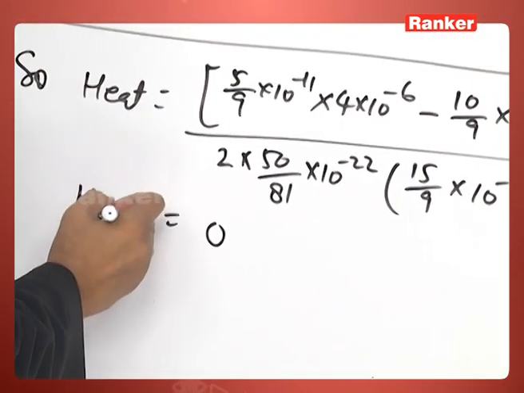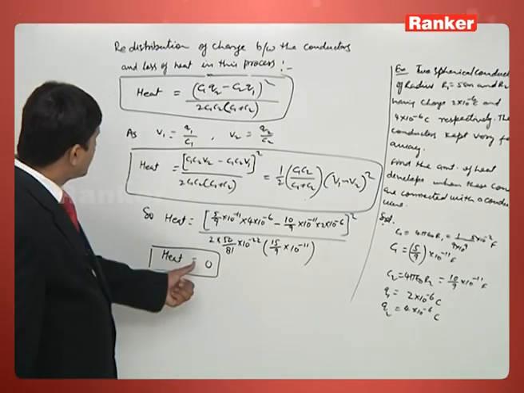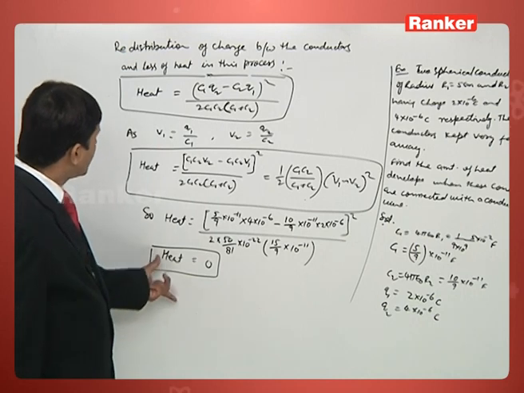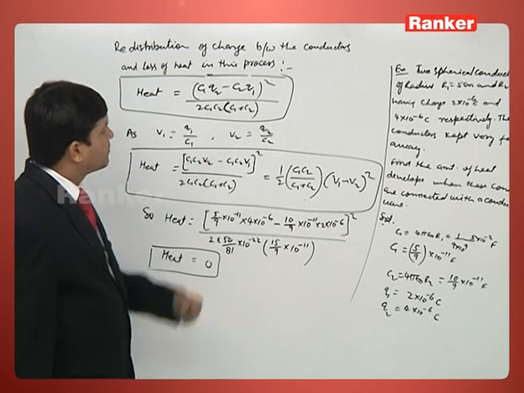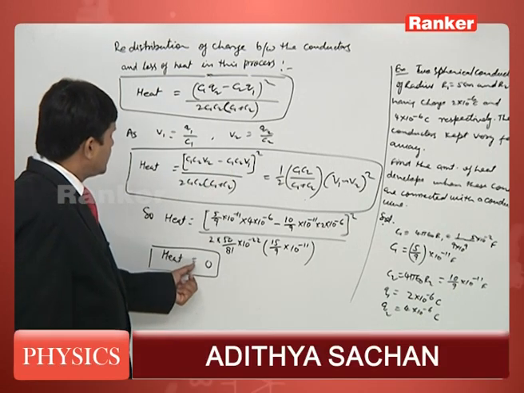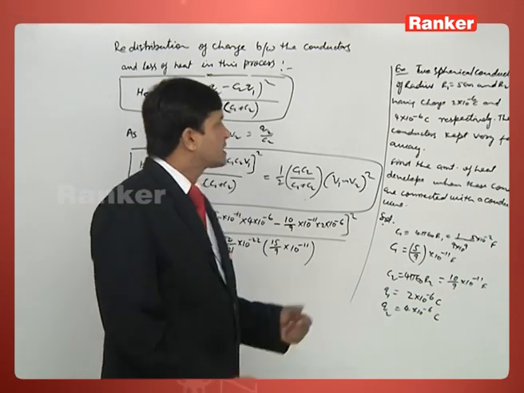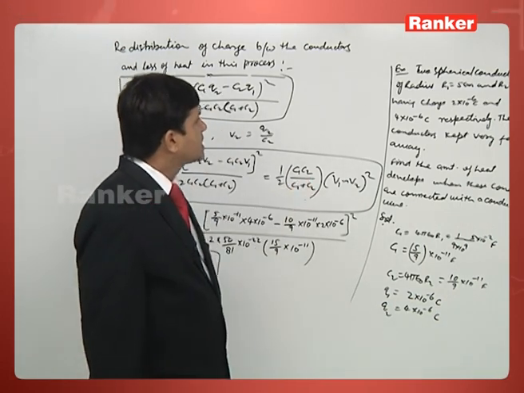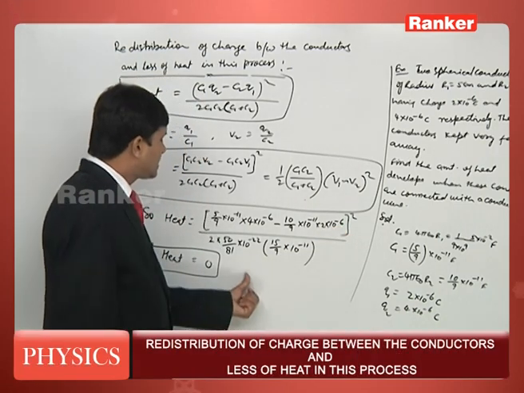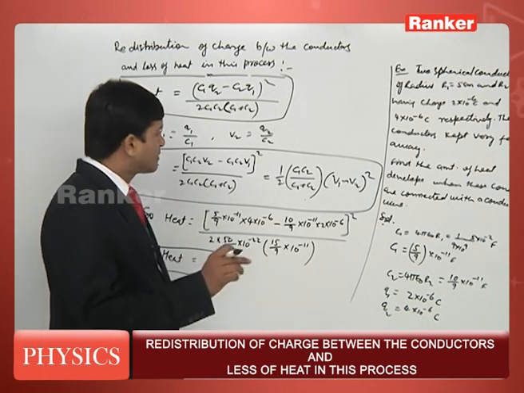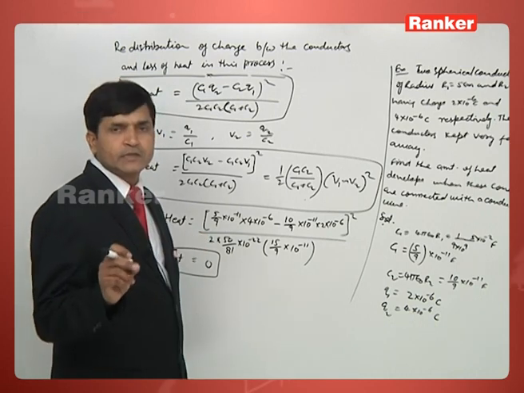It means there is no loss of heat. No loss of heat indicates that when these two conductors are connected, they were initially at the same potential, and finally also, since initially these two have the same potential, because of the same potential there is no transfer of charge from one conductor to another conductor.